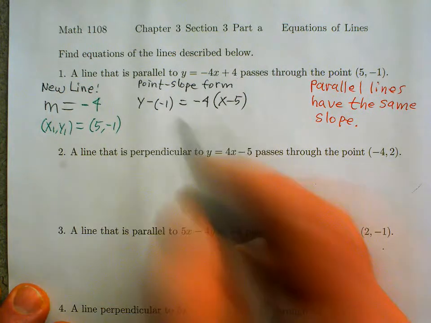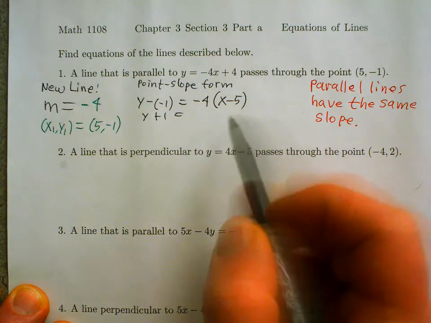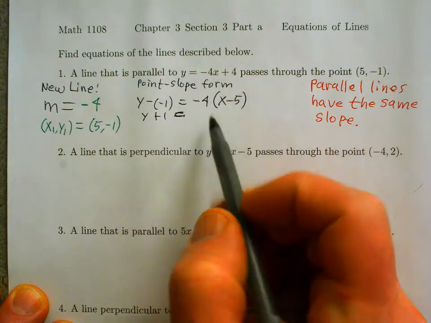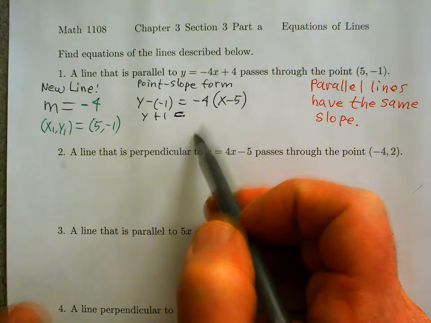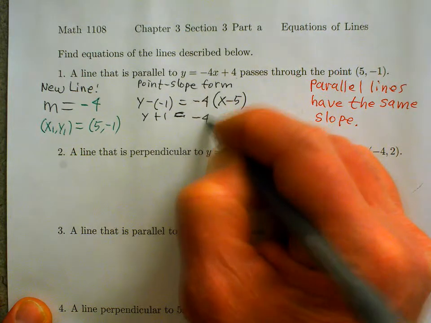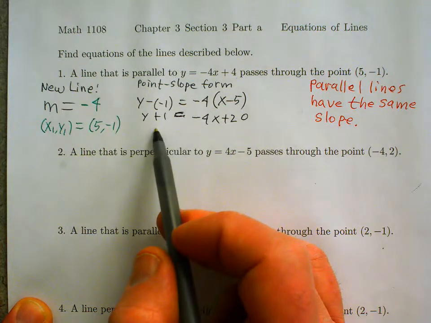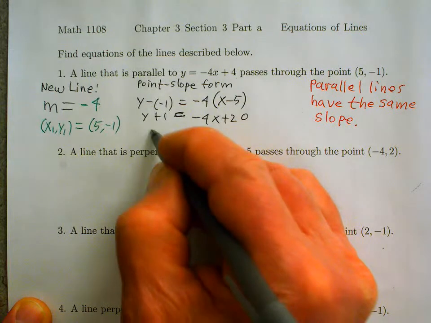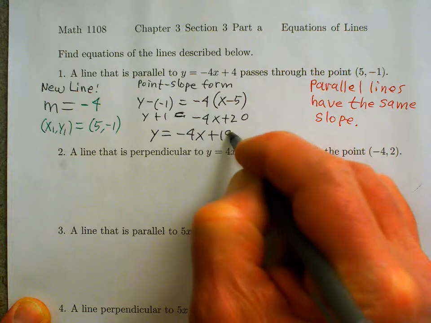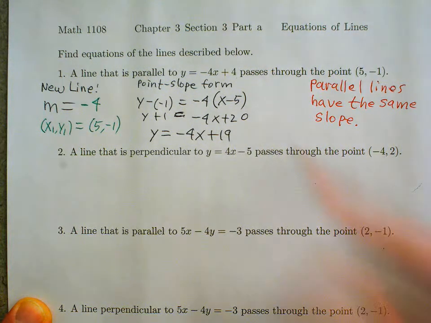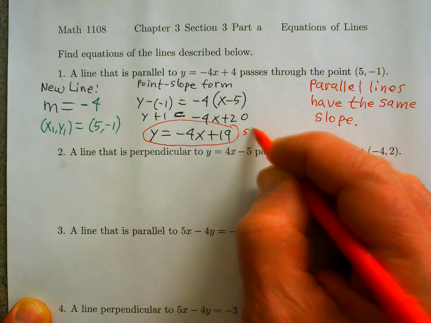If we do the arithmetic, y minus -1 is y plus 1, and on the right we get -4x plus 20. To get it into slope-intercept form, we subtract 1 from both sides, and we get y equals -4x plus 19. So that is the slope-intercept form.